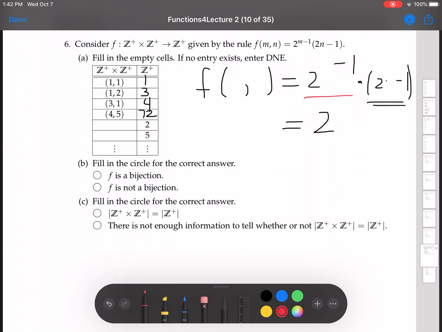This gives us powers of 2, and this is always odd. So 2 is a power of 2, obviously, and we definitely don't want an odd there. So put the 1 there.